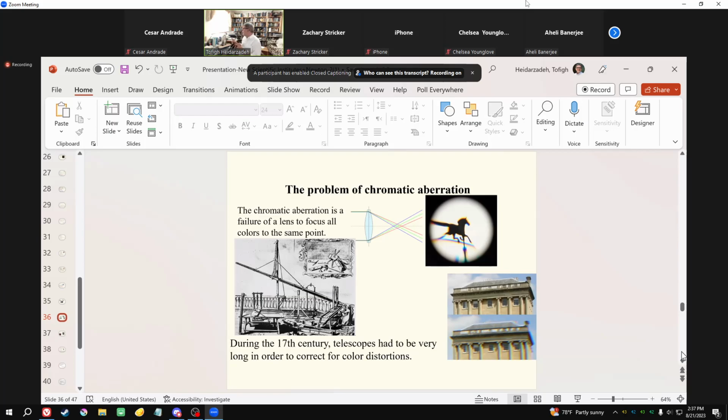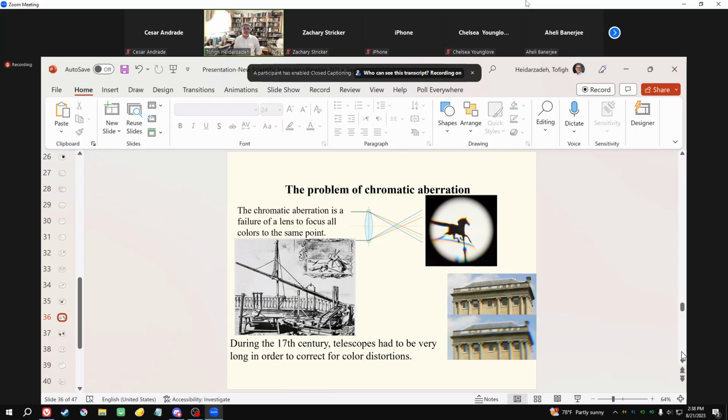Newton used this discovery to solve the problem of chromatic aberration, or color deficiency in lenses. The original telescopes were using a single lens, and a single lens acts like a prism, and it breaks light into colors.